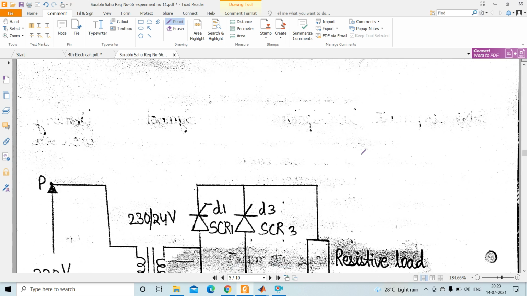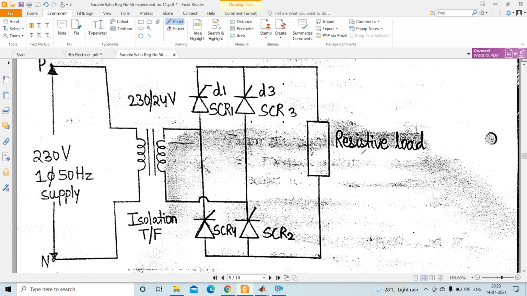So this is the theoretical diagram for the single phase full wave controlled bridge rectifier. This is the connection diagram. This is the supply, 230 volt single phase 50 hertz. This is the transformer. Theoretically it is necessary, but practically, in simulation, we are not using this transformer.